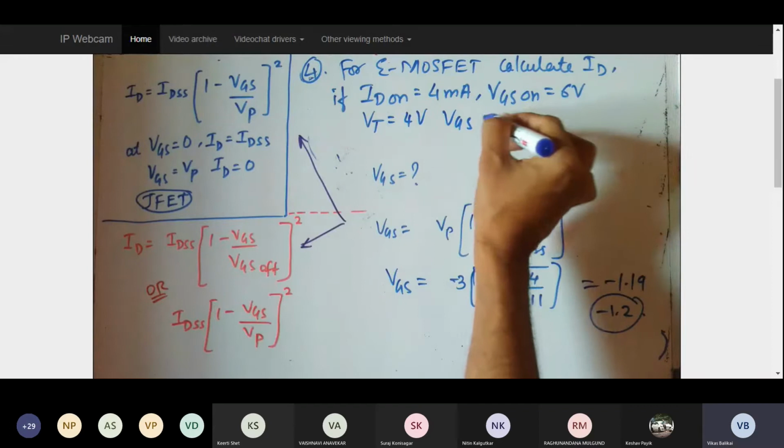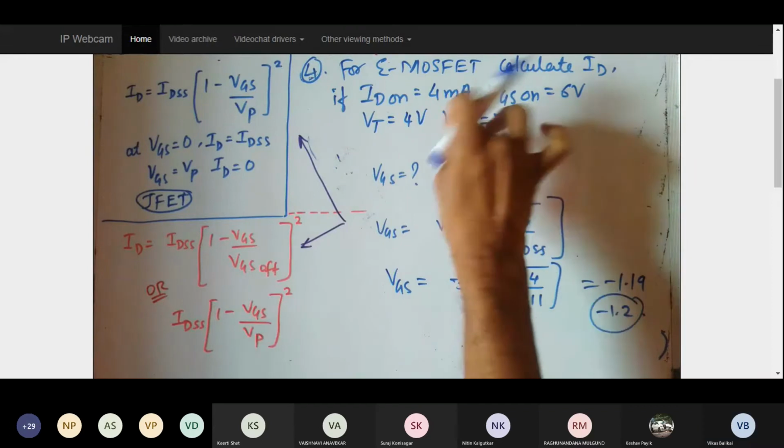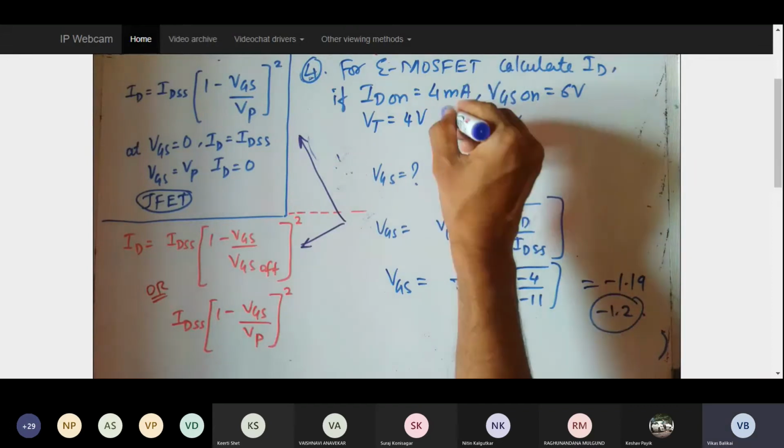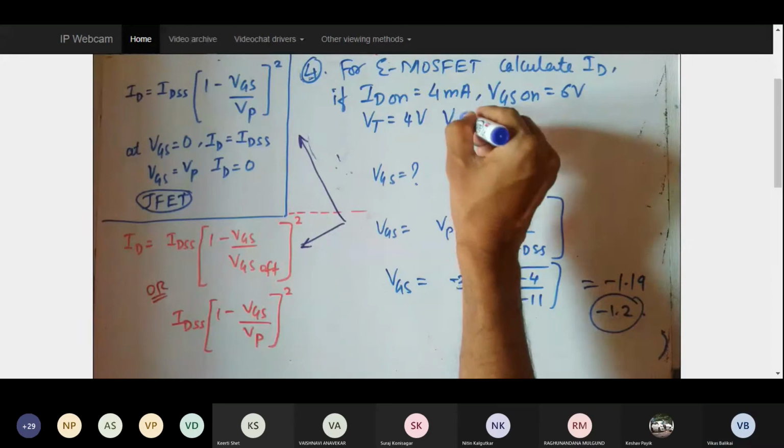So these are all the things he has given. He is asking us to calculate ID.